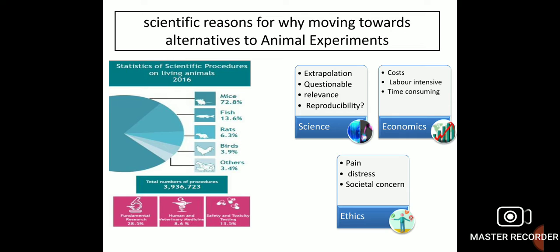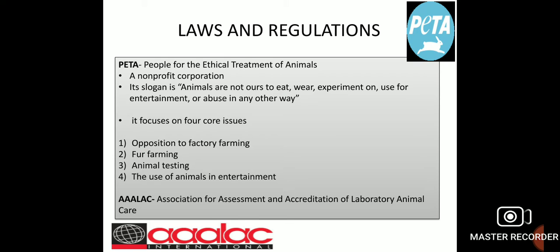Supposedly we see in India how people are concerned about cows and even for small animals. That's why you must have heard of PETA, that is People for the Ethical Treatment of Animals. This is a non-profit organization and its slogan is animals are not ours to eat, wear, experiment on, use for entertainment or abuse in any other way.